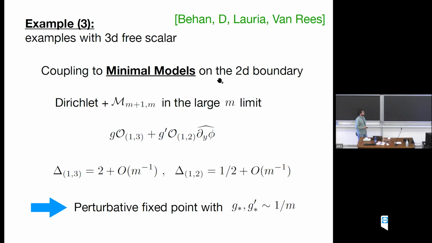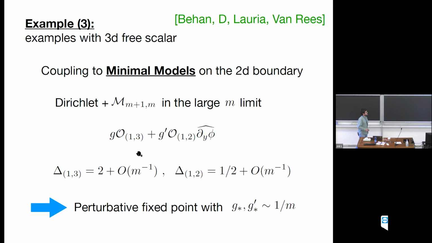Let's start with the Dirichlet boundary condition for the bulk scalar, and then we can consider this interesting kind of deformation. The minimal models are labeled by this m, where m equals 3 is the Ising model, and then it goes all the way to infinity. These O13 and O12 are just the way we usually label primaries in the minimal models. O13 in the Ising model would be the energy, and O12 is the magnetic, the spin field.